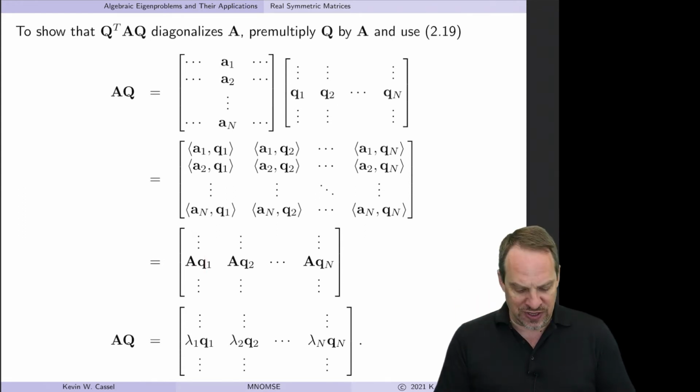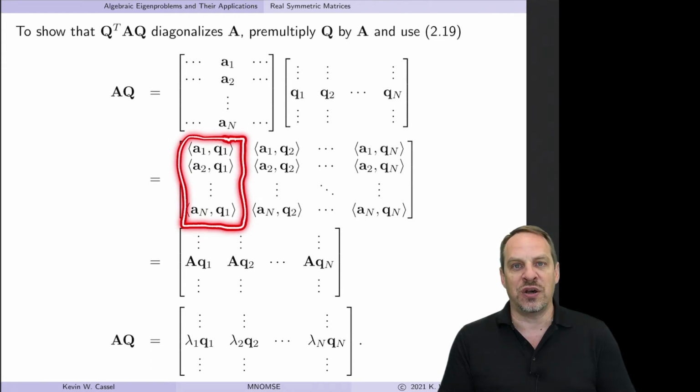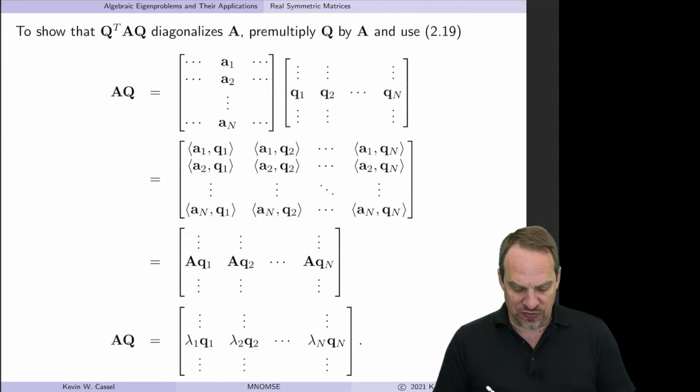And if you don't quite see that, just work backwards. Just take our A, written row-wise like we did here, and take the product of that with the vector Q1, and you'll see that indeed it's equal to this series of inner products. Same thing with the second column. That's the vector AQ2.